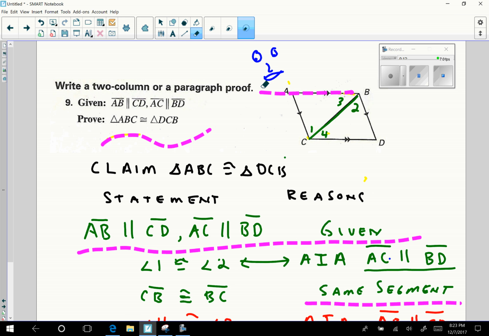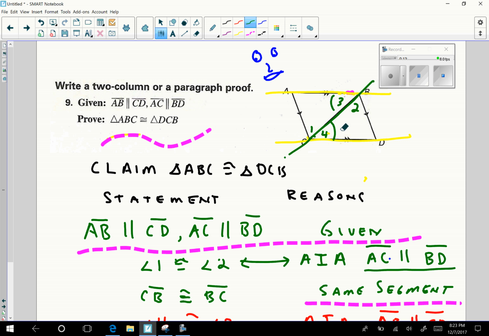Let's extend that one in yellow. And look at this transversal. Which angles are congruent? Which angles are the alternate interior angles? That would be angle 3 and angle 4.